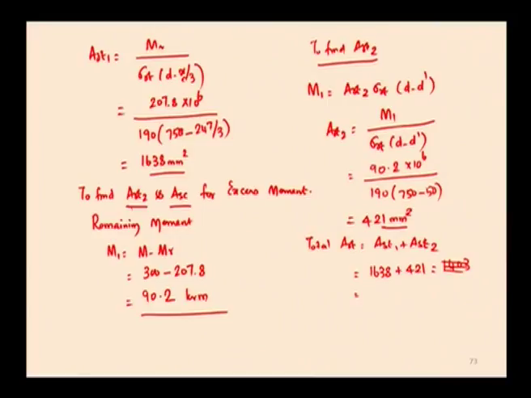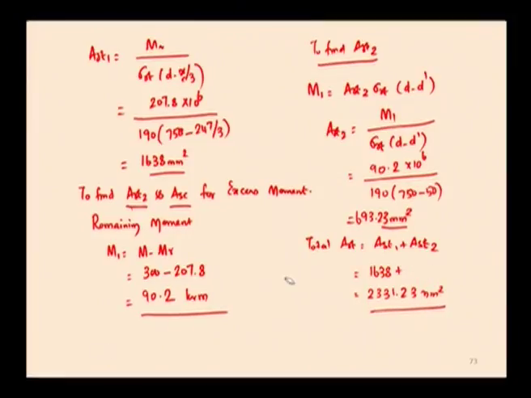Sigma ST 190, that is equal to 693.23 millimeter square. Then total AST is 2331.23 millimeter square.